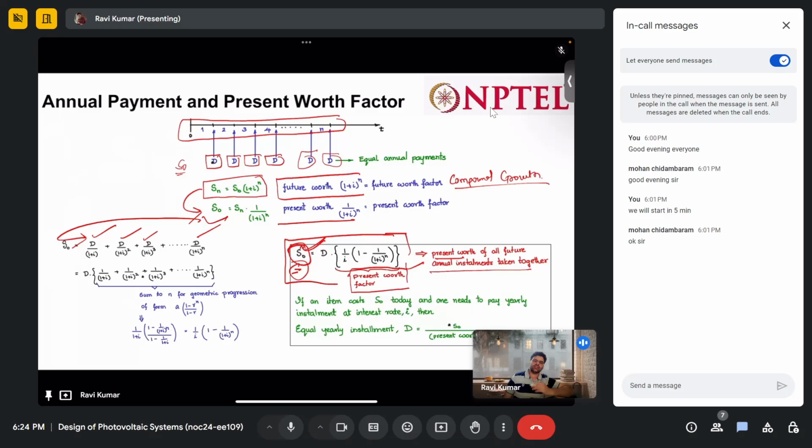So you are putting 1000 rupees every year in your solar system. In 25 years, how much will it cost according to today? You can calculate that using this formula. We will do this when we solve a few questions.